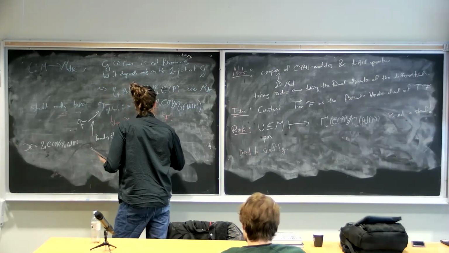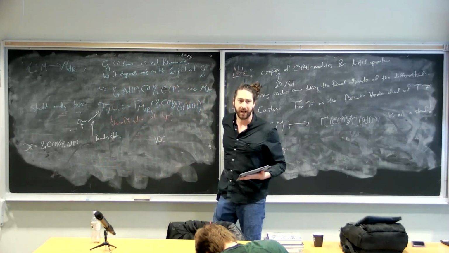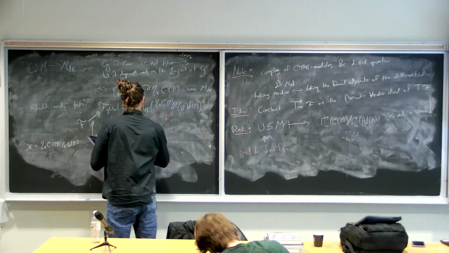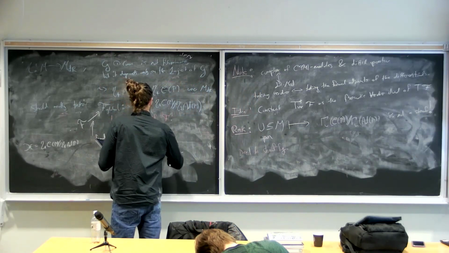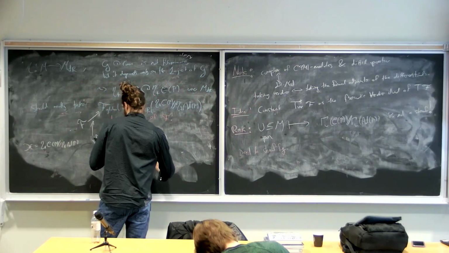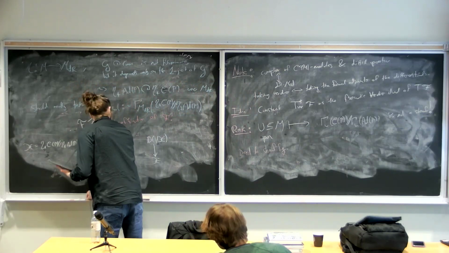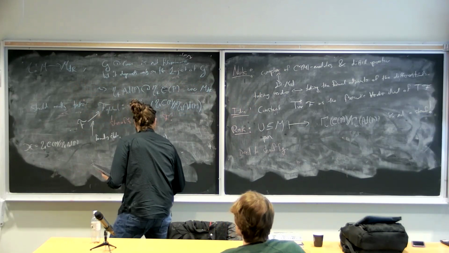So I take the vertical cotangent bundle of X with respect to its map to the Derived stack, and then I take the relative Verdier dual of this, and this maps down to X. And this further maps down to M Derived.